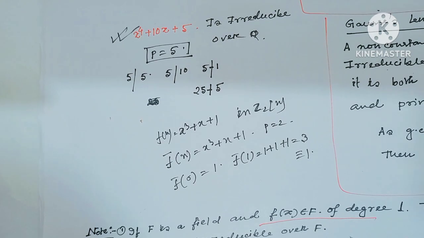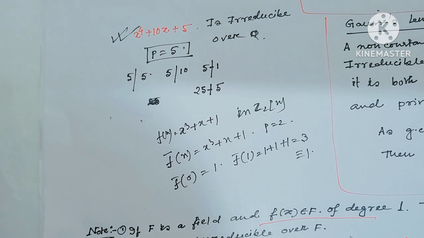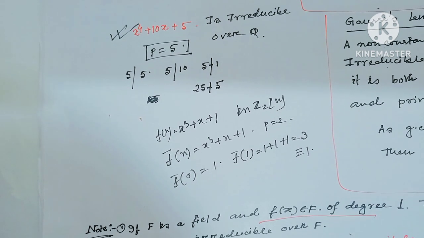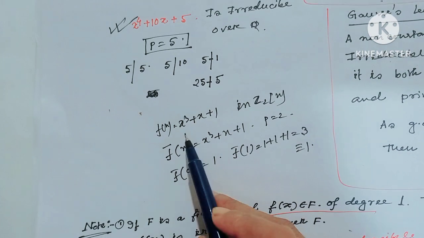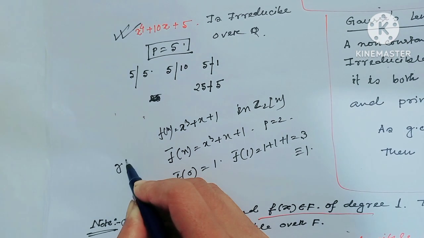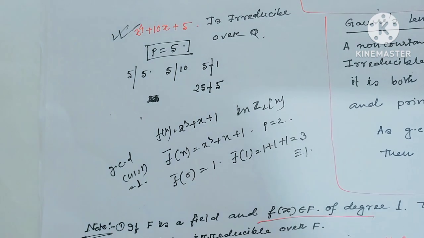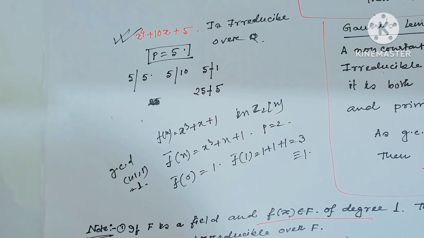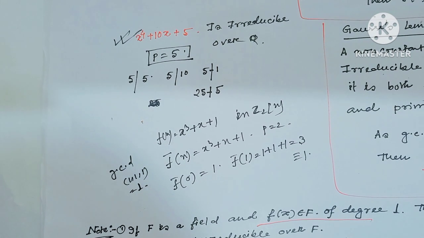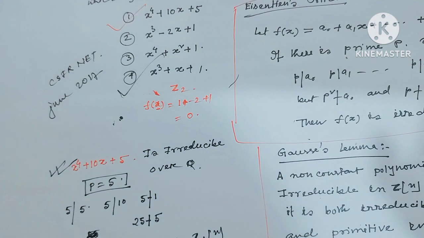By the mod p test, since this is irreducible over Z2, therefore this is irreducible over Q. And since this is a primitive polynomial, because GCD of 1, 1, 1 equal to 1, irreducible over Q implies irreducible over Z[x]. So option 4 is also a right option.